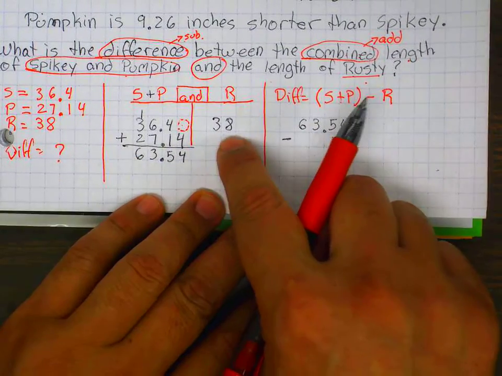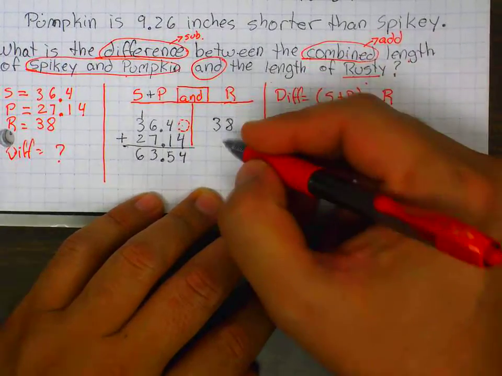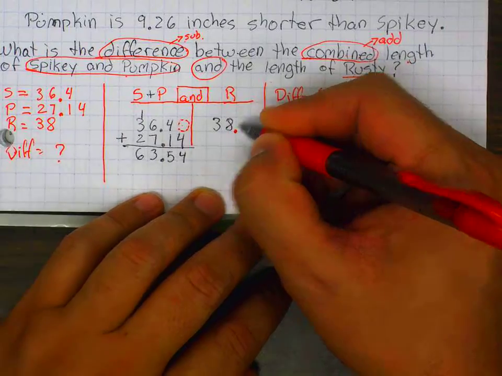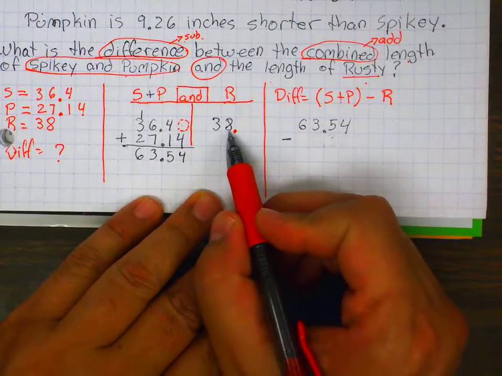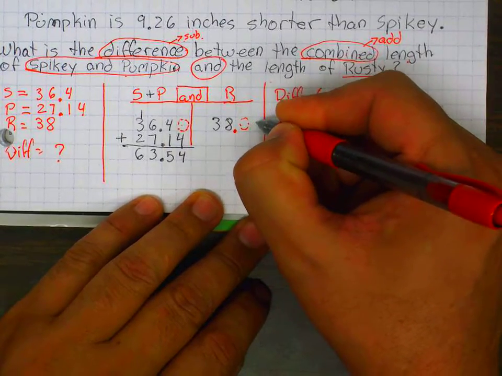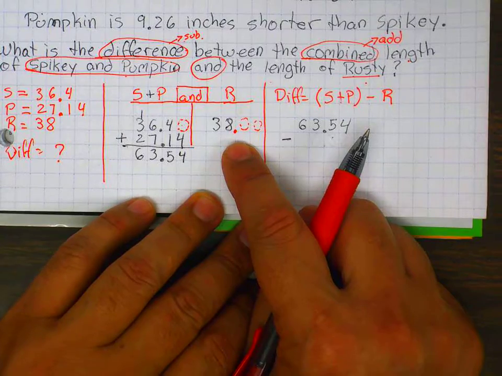To write my whole number as a decimal, first of all, I need to put the decimal point, but the decimal point goes next to the ones place, and then I need to add the two zeros. This is the way to write a decimal number. We cannot forget that, because that's the first mistake that I'm noticing.